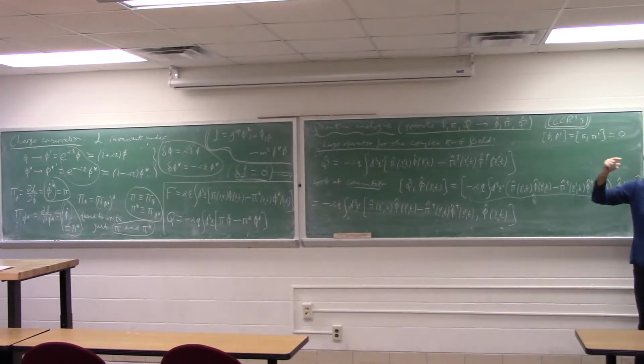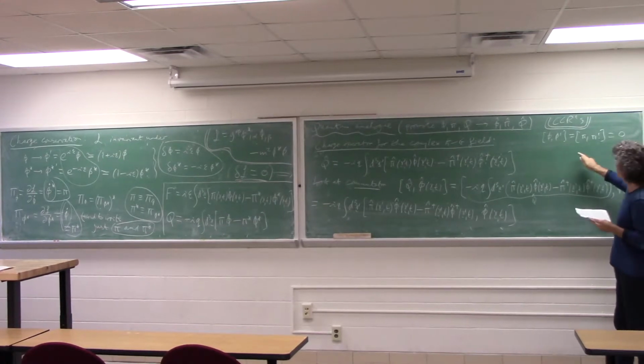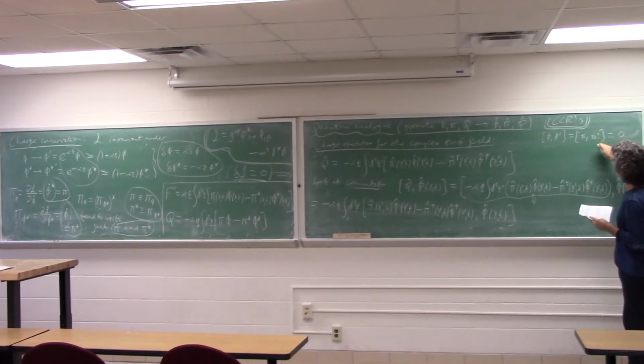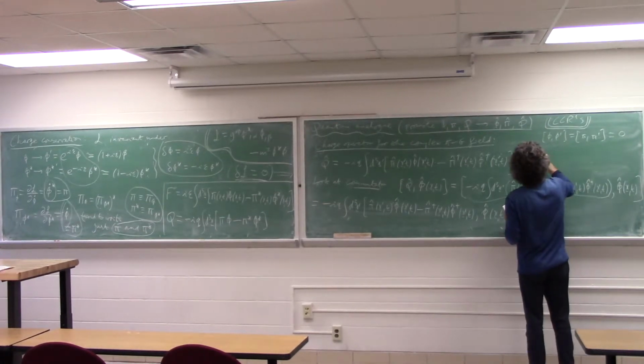We're talking about fields at equal times. The fields at different points commute. The canonical momentum densities at different points commute.